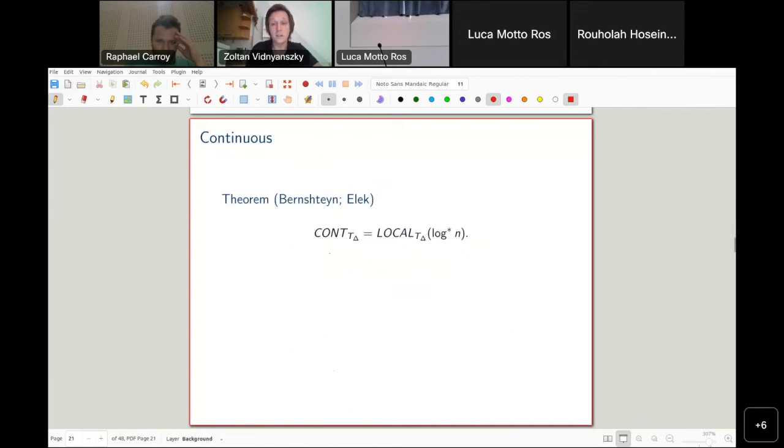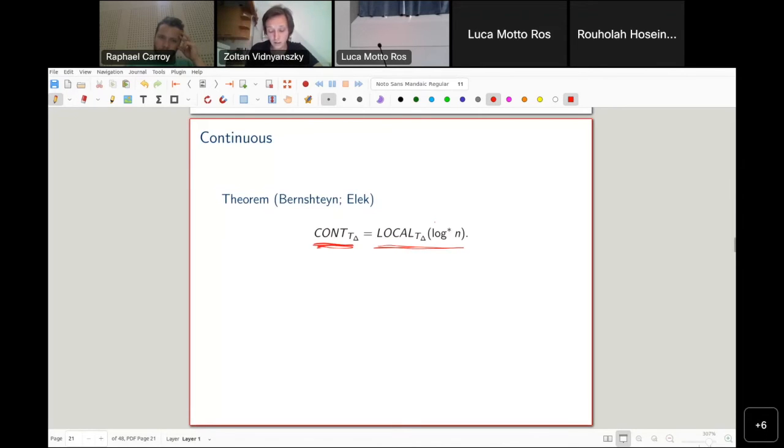It turns out that this is a fact, really: you can solve a problem on delta-regular trees in a continuous manner if and only if you can solve it in the LOCAL world in log-star many steps.